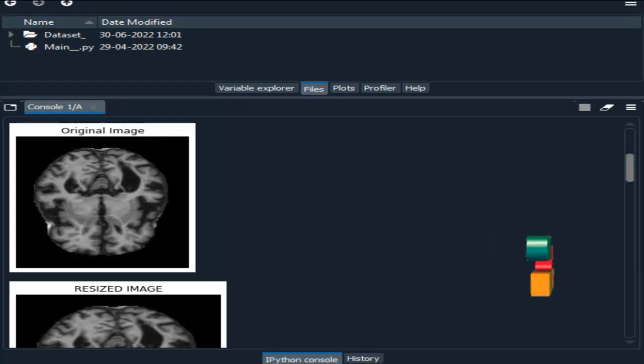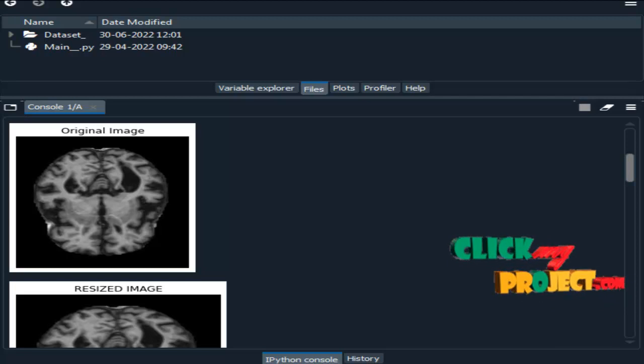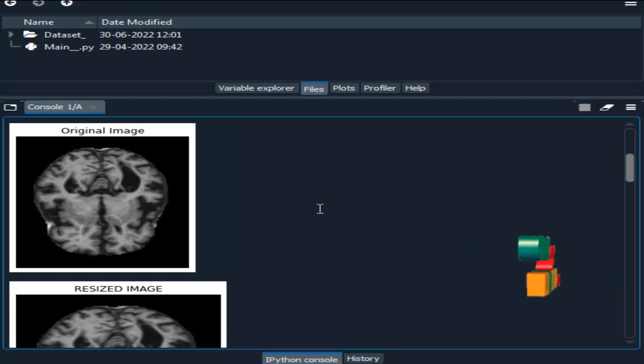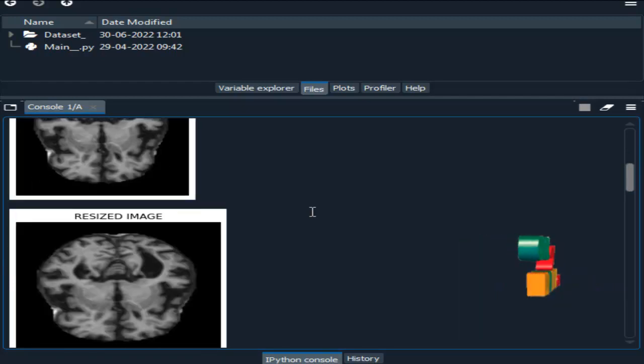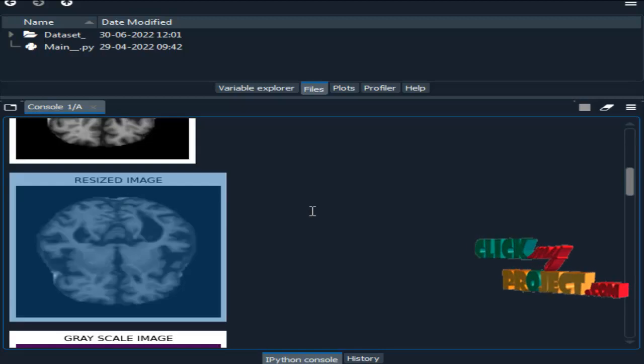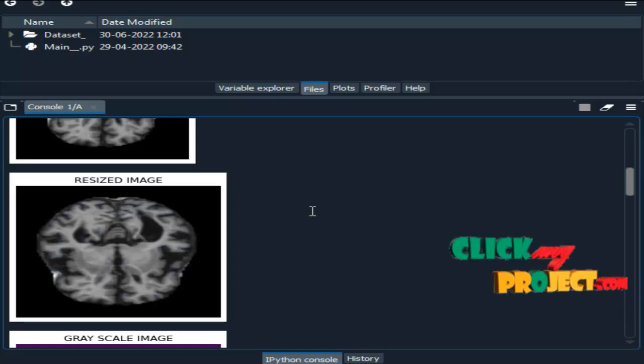This is the output of Alzheimer's disease prediction using deep learning. First, this is the original image which we selected from our dataset. After selecting the original image, we have to resize it. So this is the resized image.